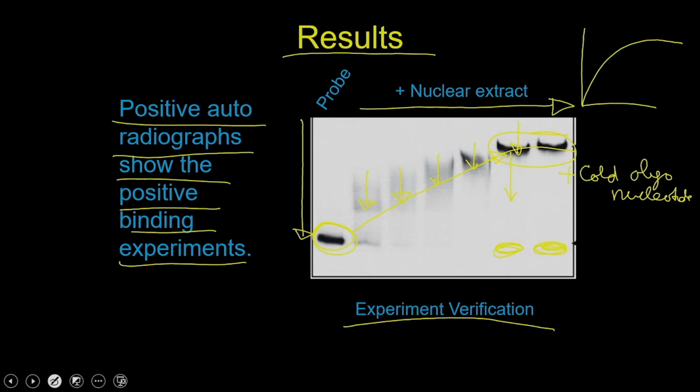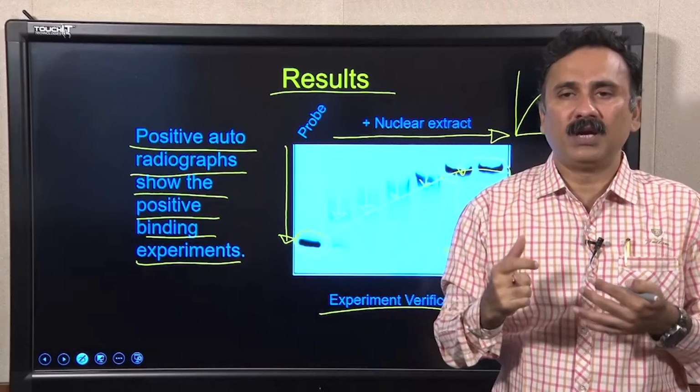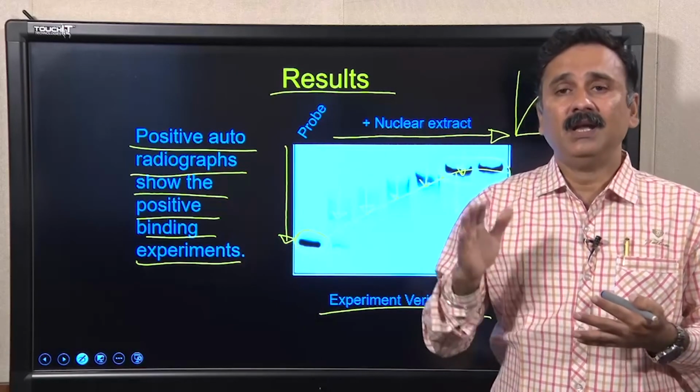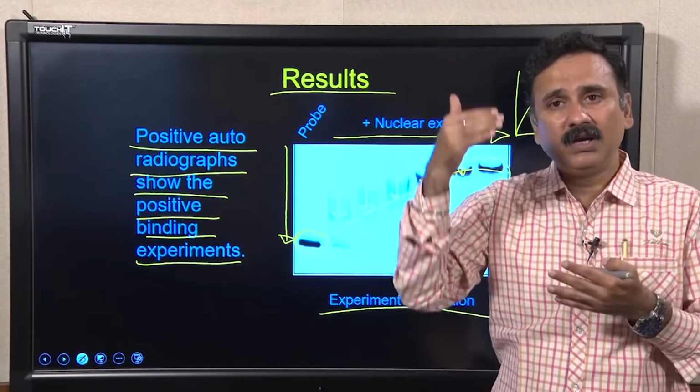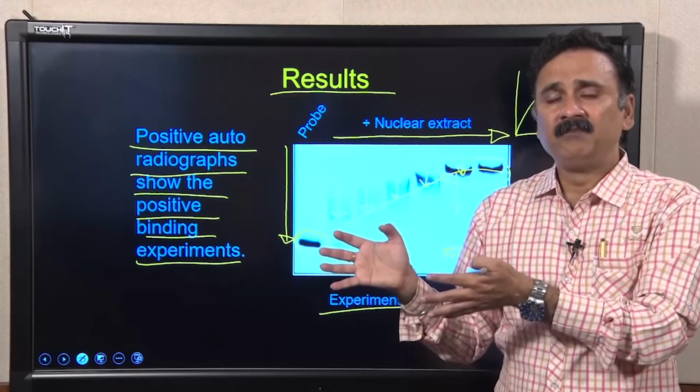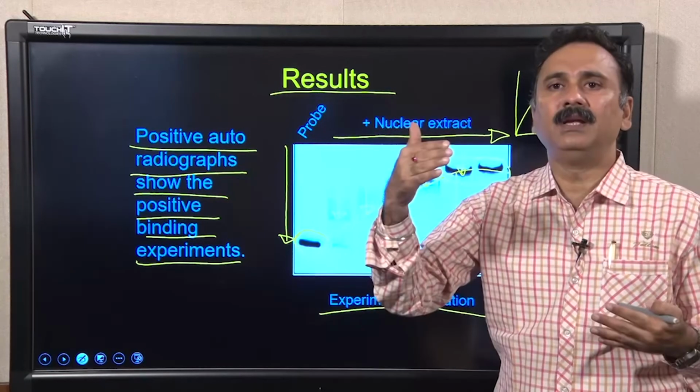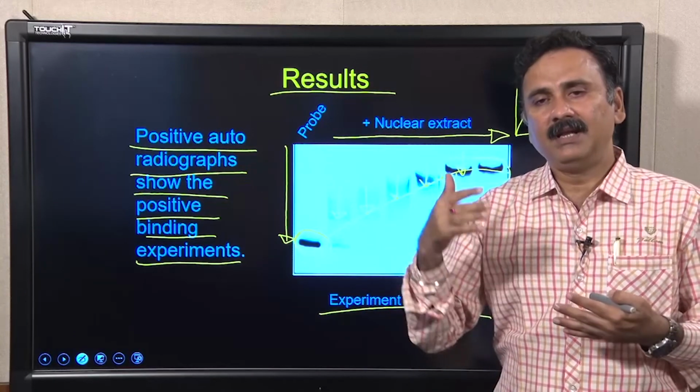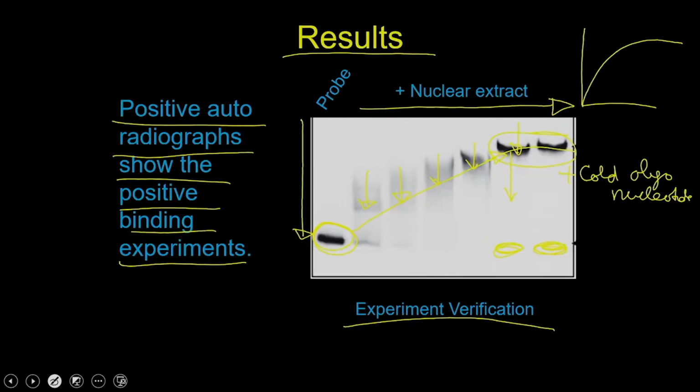Once the protein complexes are formed, if you add the cold oligonucleotide, which means the unlabeled oligonucleotide, it is going to compete with the complex and release the radio-labeled oligonucleotide, and you are going to see the reappearance of the radio-labeled oligonucleotide, because the protein making a complex with DNA is giving you the protein-DNA complex.